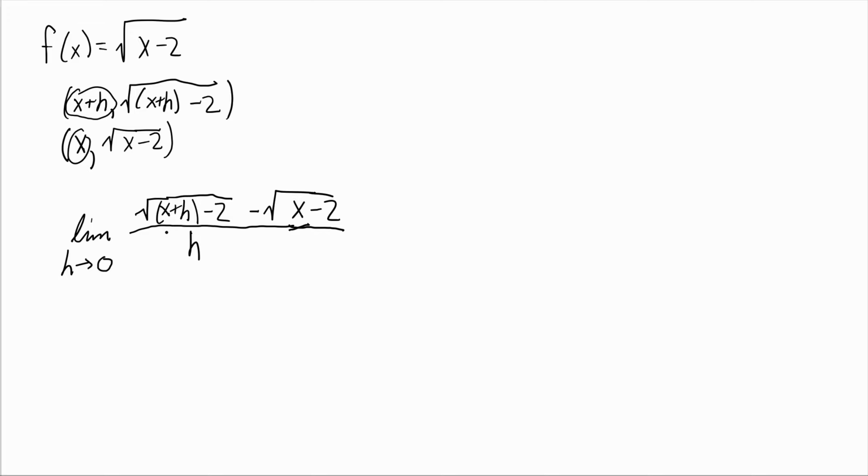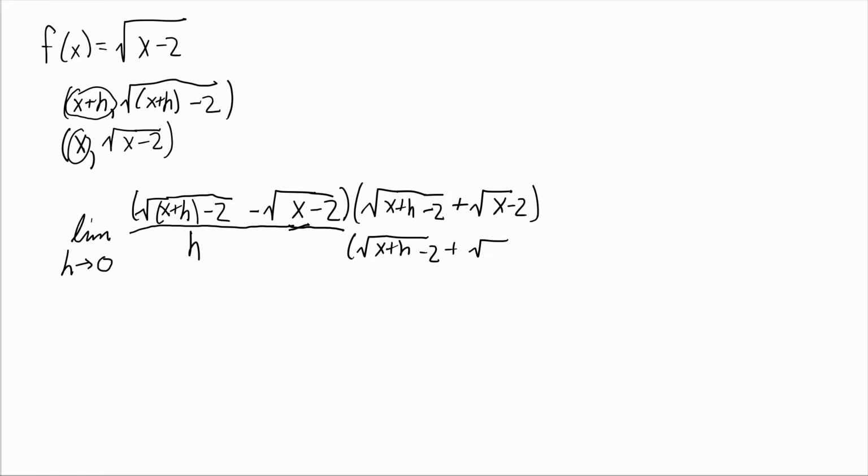Okay, so now we proceed similarly, thinking of difference of two squares. So I can write out the square root of x plus h minus 2, and I'll dispense with that pair of parentheses right there, and I'll put a plus the square root of x minus 2 to the top and bottom. What we end up getting on the top is the first guy squared, so x plus h minus 2.